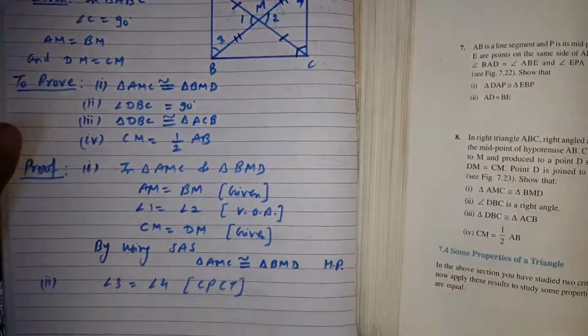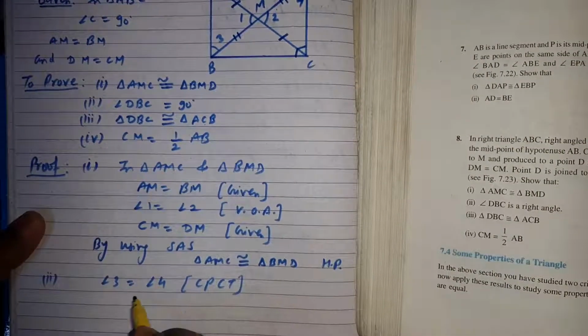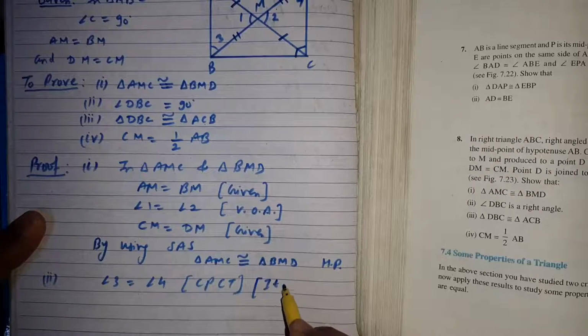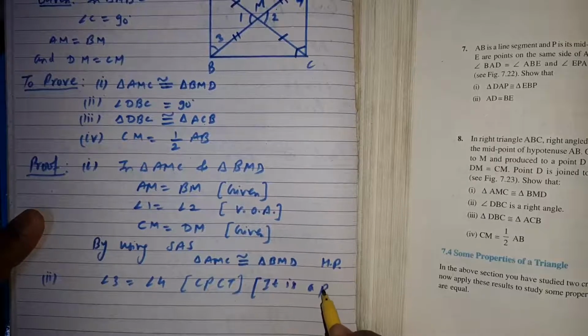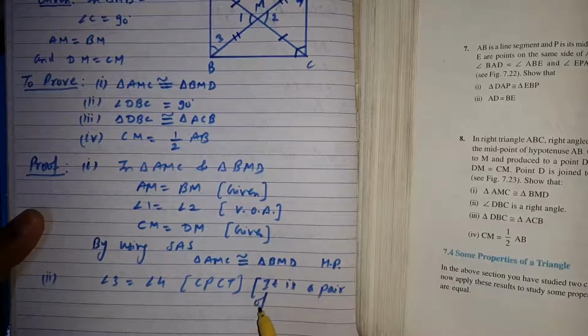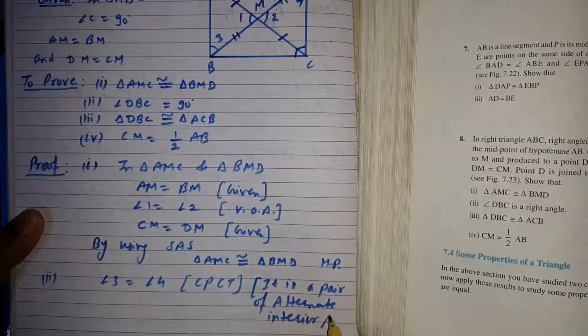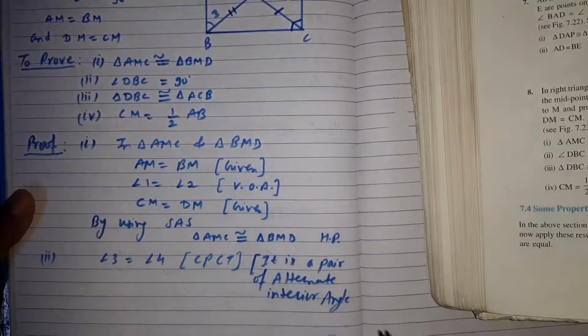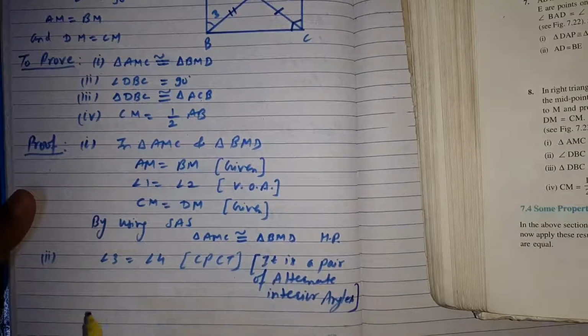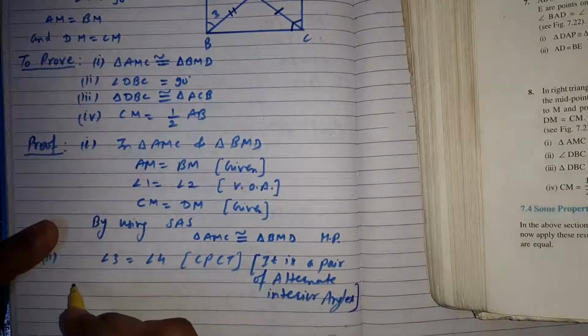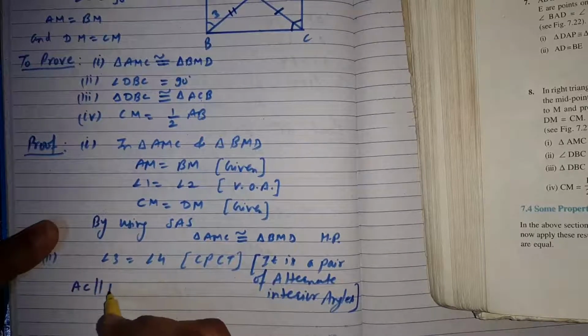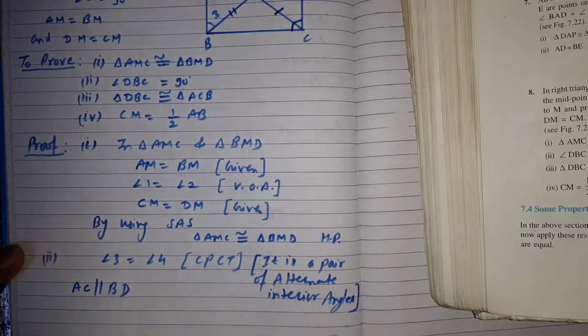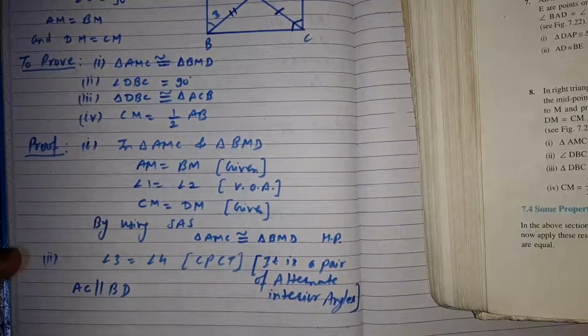Okay, so you can write here, it is a pair of alternate interior angles. So we can write line AC is parallel to BD.